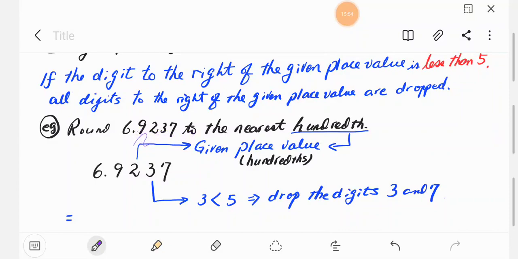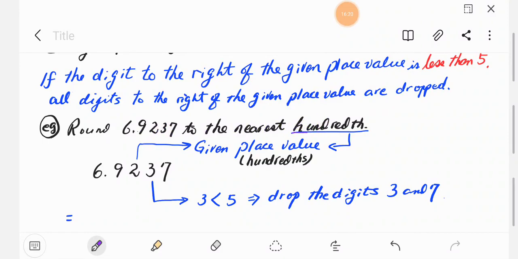So how do you read this one? 6 and, there are 4 decimal places, so tenths, hundredths, thousandths, ten-thousandths. So we can read it as 6 and 9,237 ten-thousandths.